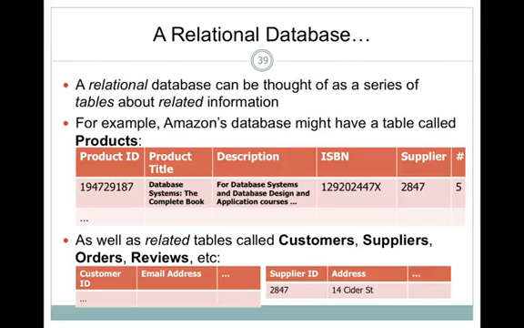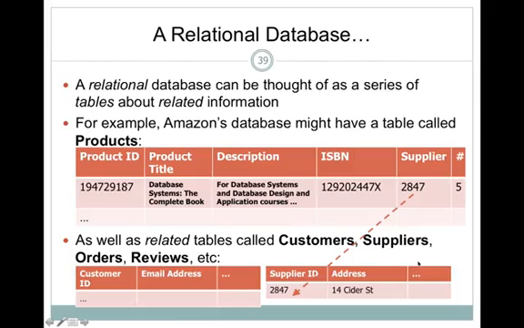And then there can be other tables to store other information that's relevant in the database. So here we might have a table called customers, and each customer has an ID number and an email address, and maybe other pieces of data as well. And we're interested in suppliers. So here's a table of suppliers where each supplier has an ID and an address and maybe other information as well.